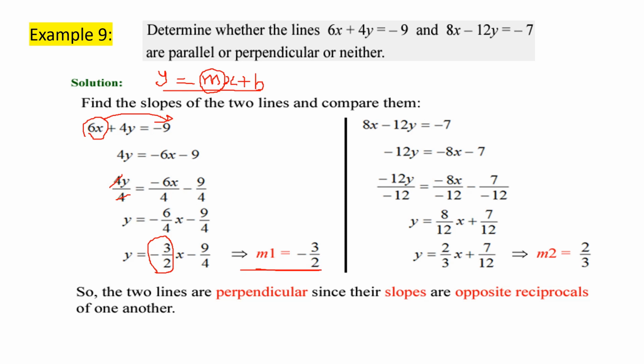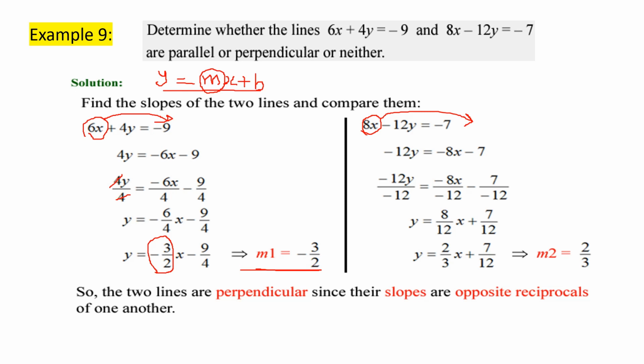And you have to follow the same steps for the second equation. Keep the y term on the left and bring the x term to the right side. So positive 8x will become negative 8x. Then we have to divide the whole equation by negative 12. So negative negative cancels, 8 divided by 12, and the simple fraction is 2 over 3.